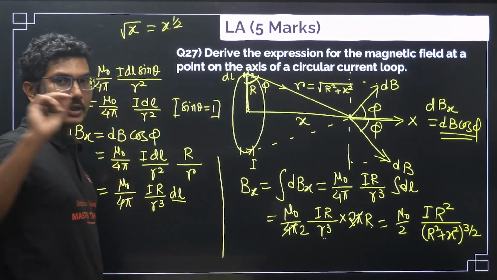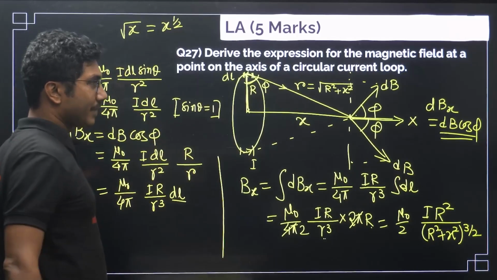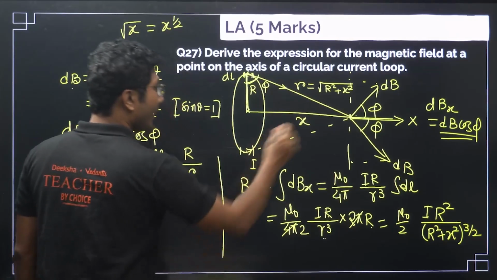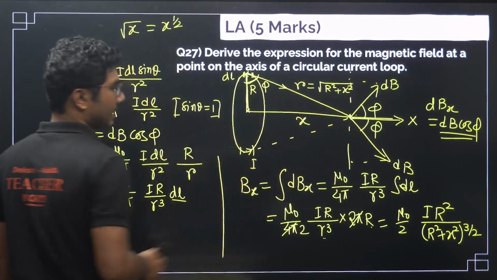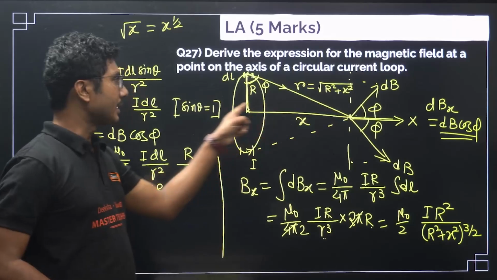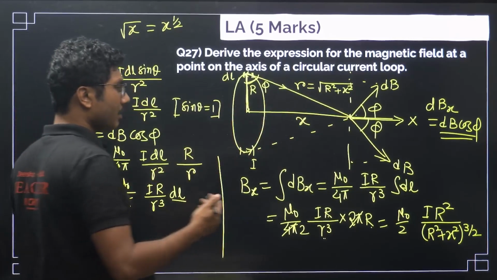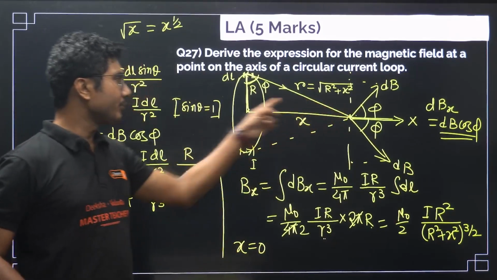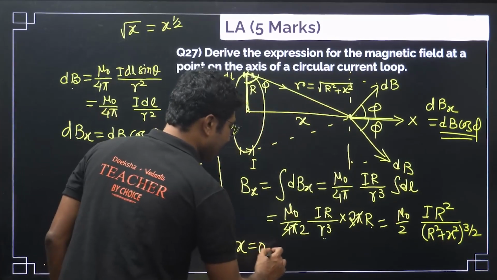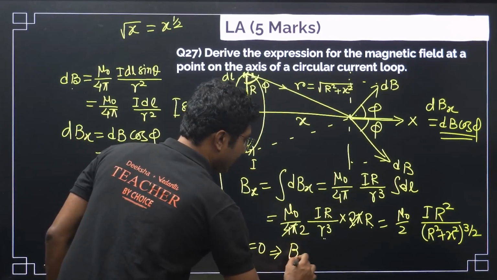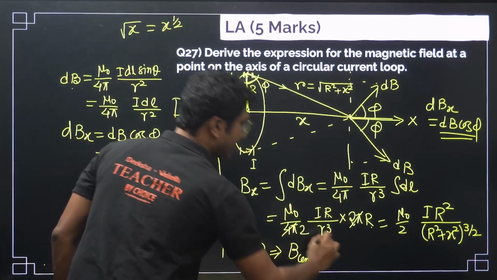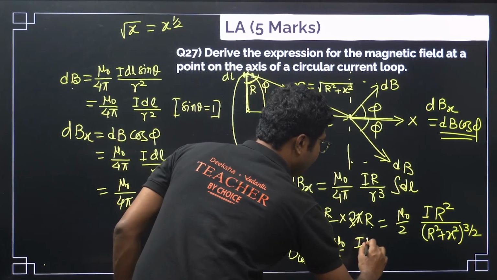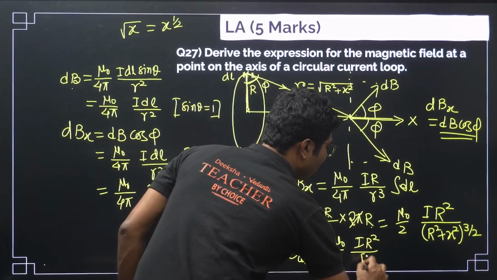Now, there is a special case for this derivation as well. If it is not asked, you do not need to show it. The special case is when this point is located at the center of the coil. For the center of the coil, x will be equal to 0. So, for that you have to get B center, and that is mu naught by 2, I r square by r cube.